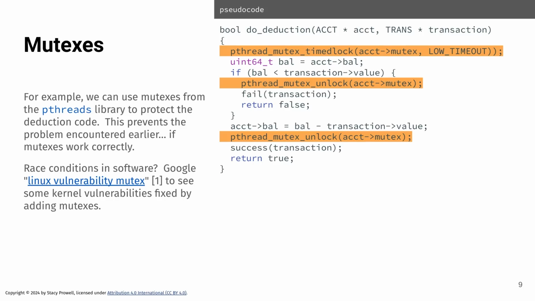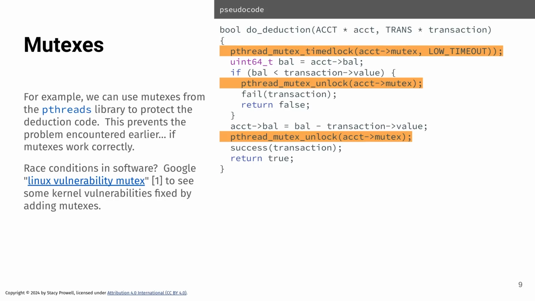We do the usual stuff, but you can see when we fail the transaction, we release the mutex. When we succeed the transaction, we release the mutex. So at those points, we can go ahead and another thread could proceed. Great. So every time we're accessing the balance, we're checking it, we're inside a chunk of code that is locked based on the balance. You have to have a mutex per account, and in this case, you can see the mutex is in fact part of the account structure.